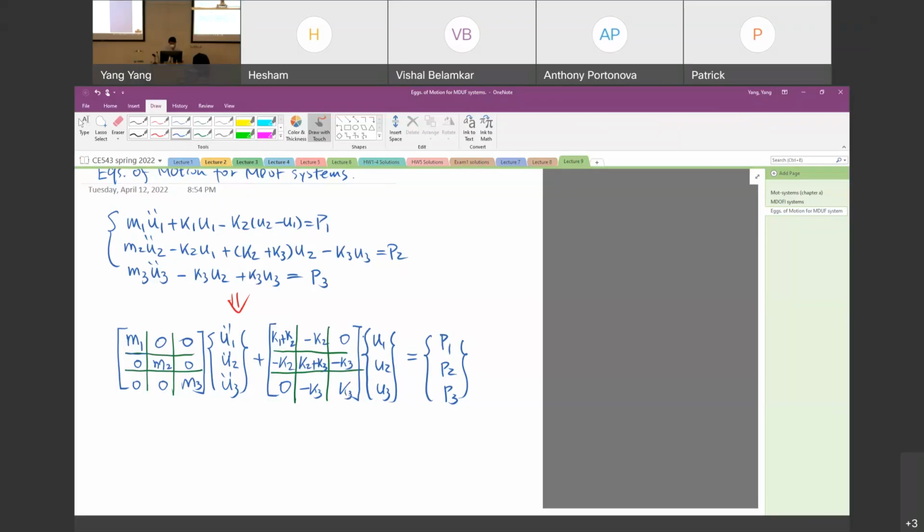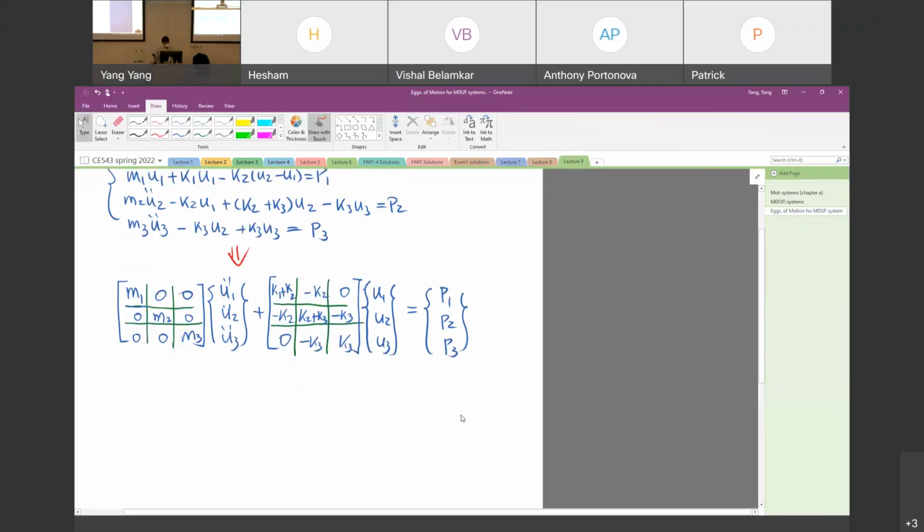Okay, very good job. That makes sense. So that's the equations of motion in the form of matrix.